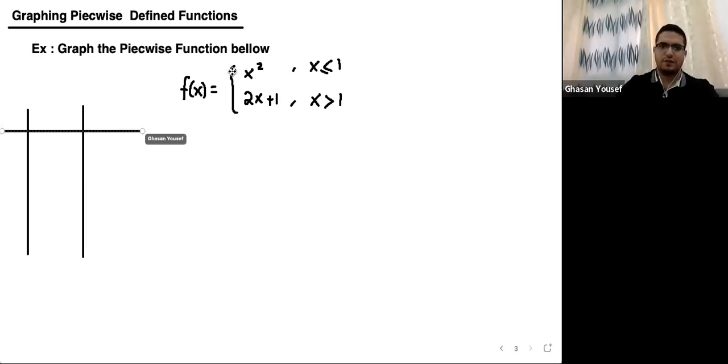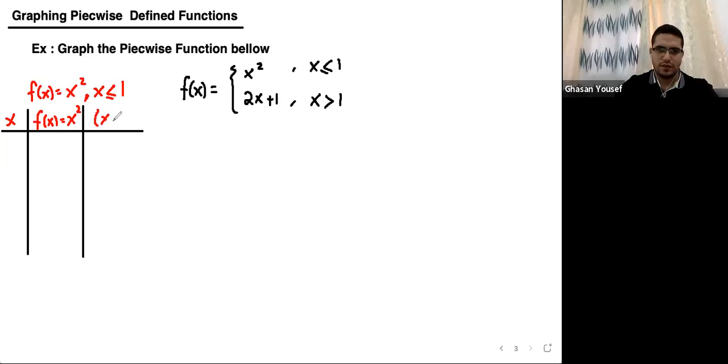This is for the function f of x equal x squared. So here I'm going to write it up. f of x equal x squared when x is less than or equal to 1. So here's x, here's f of x equal x squared. This is the point x comma f of x.